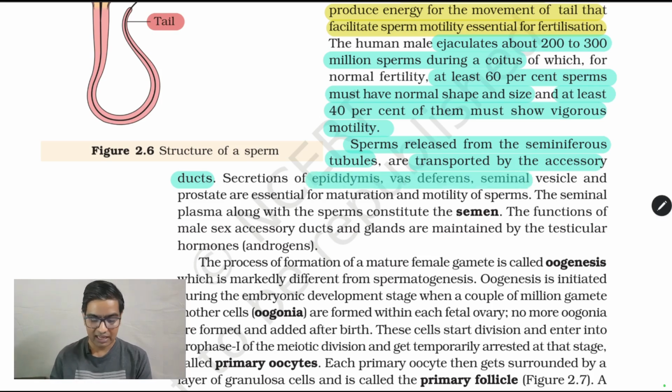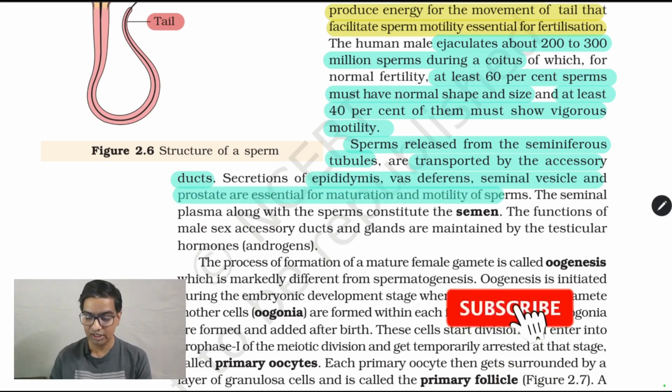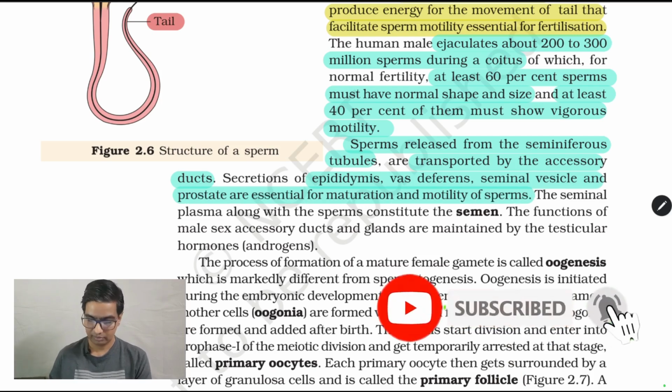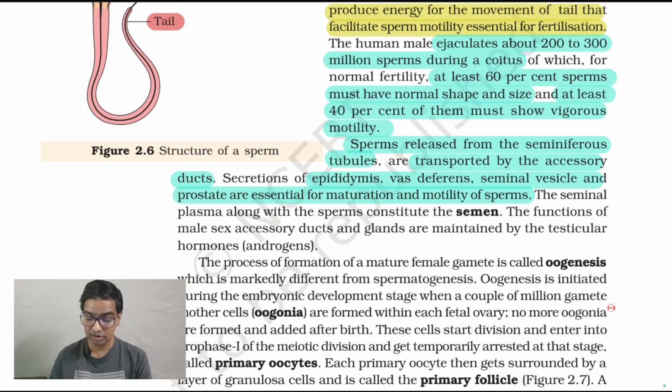All of them help in the maturation and motility of sperms. Clear? The seminal plasma plus the sperm is equal to semen. And you want to have all the organs working properly, all the glands working properly, you need male hormones called androgens.